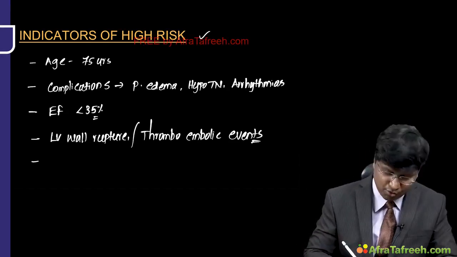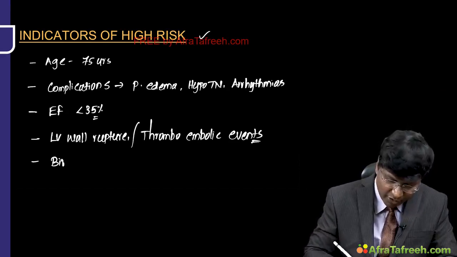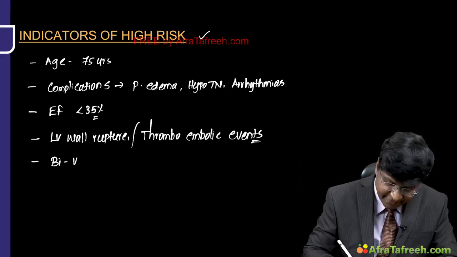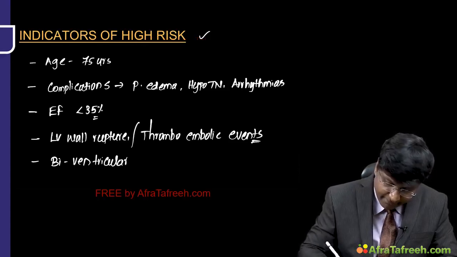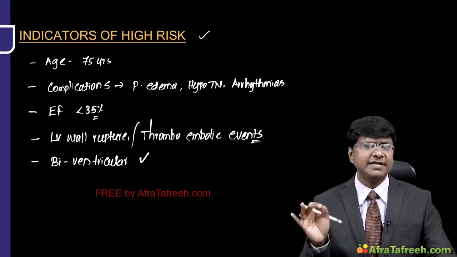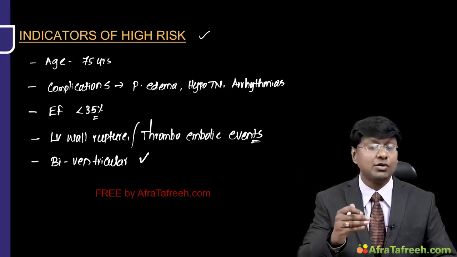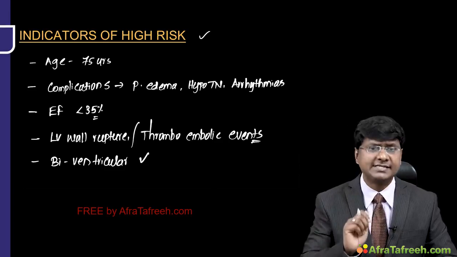Next, those patients who have biventricular involvement. What did I tell you? It is usually the left ventricle, but in 20 to 25% of individuals, there can be biventricular involvement. Wherever there is biventricular involvement, they are also at increased risk of sudden cardiac death.